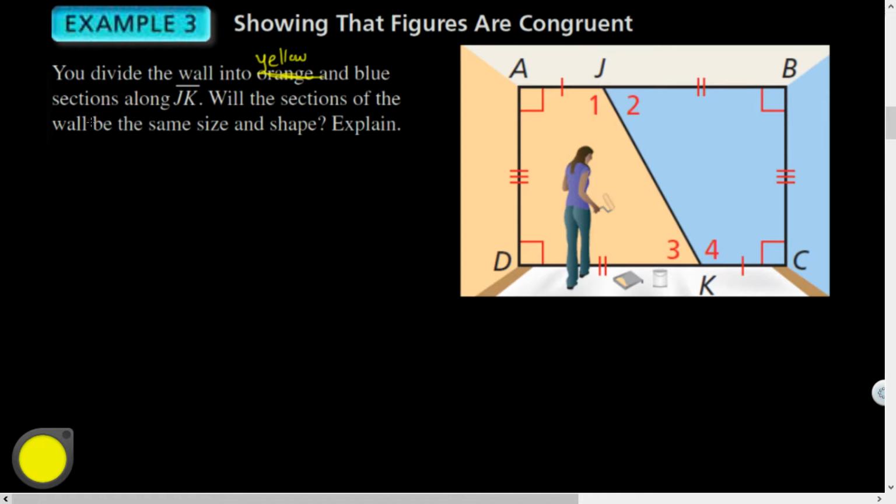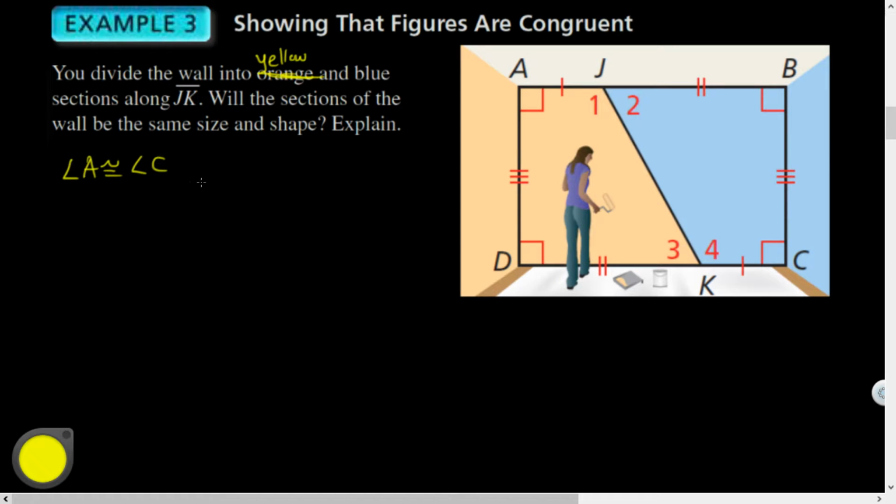Will the sections of the wall be the same size and shape? Explain.